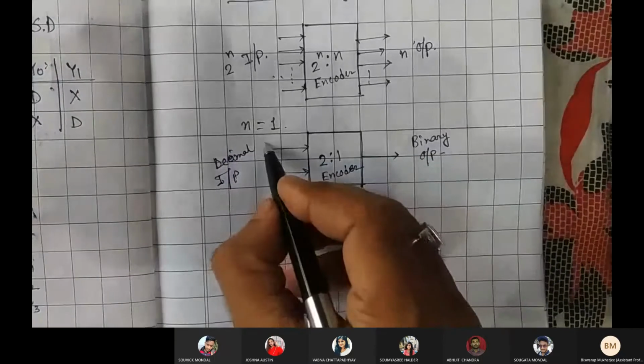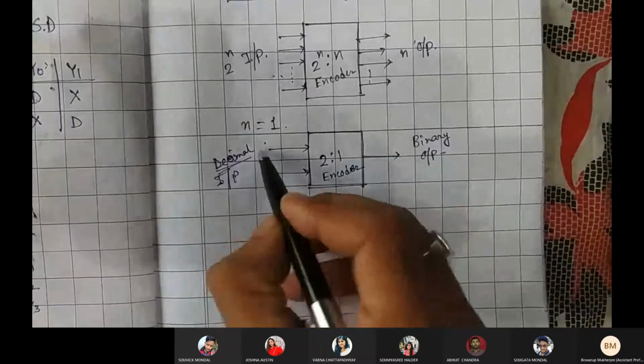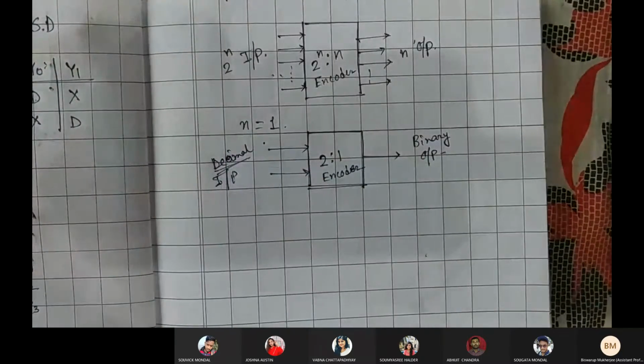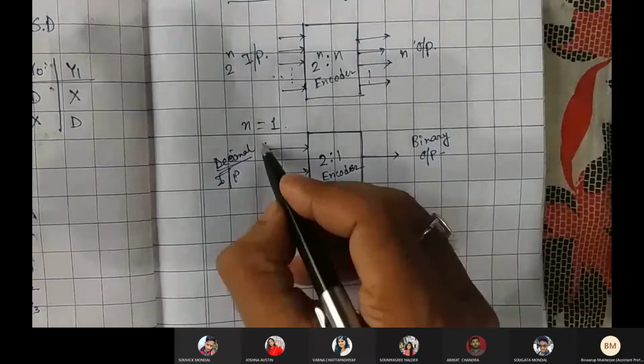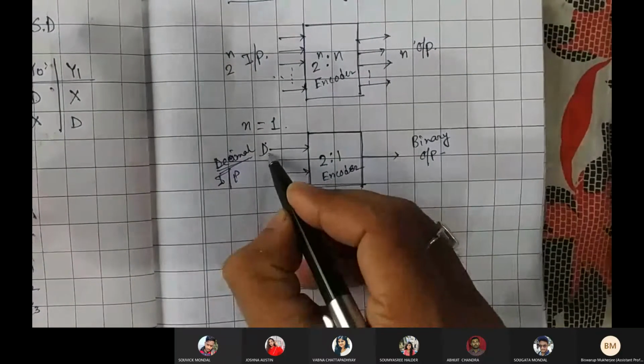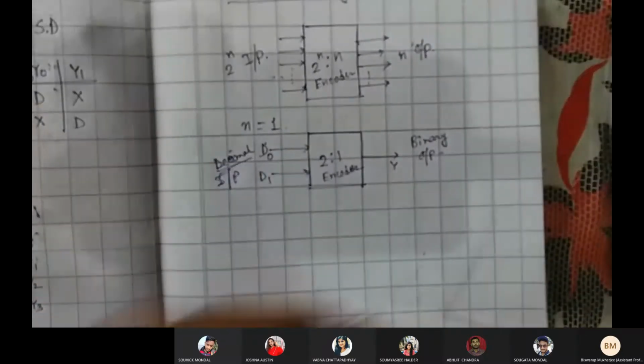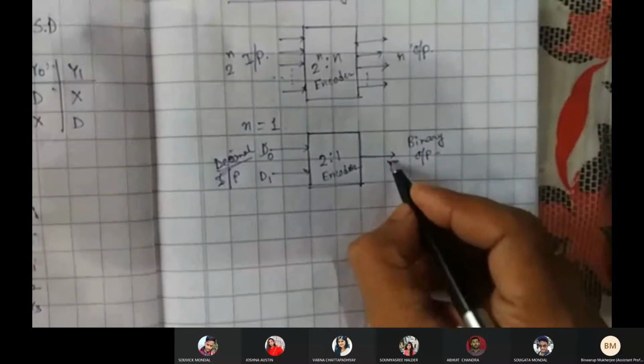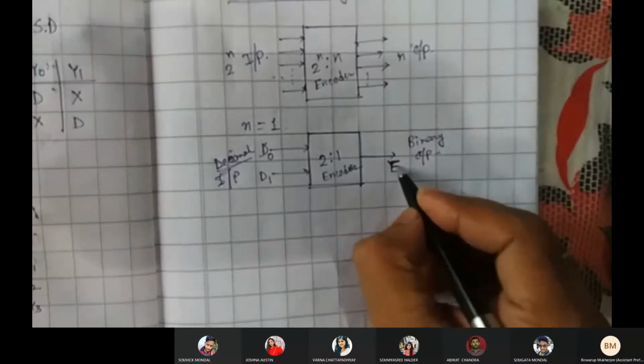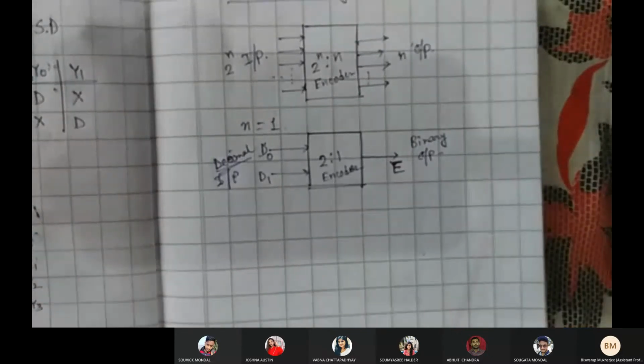These are also the binary equivalent positions of that decimal number. Suppose we are having this one as D0 and this one as D1, and the output is Y. Or instead of Y, let us have the output E this time, the encoded output. Maybe I can write it down like this.